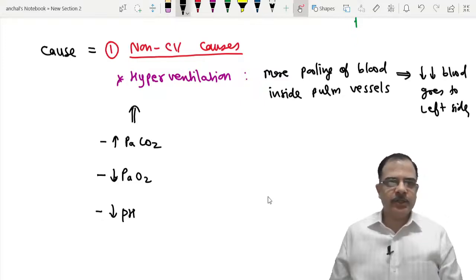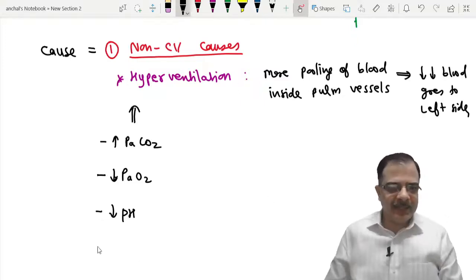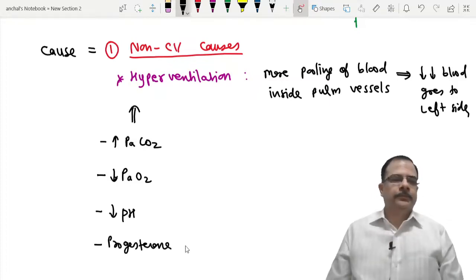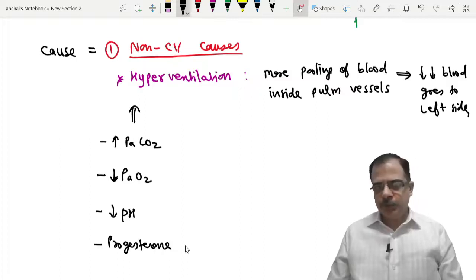These are the conditions which stimulate the breathing center, as well as progesterone.